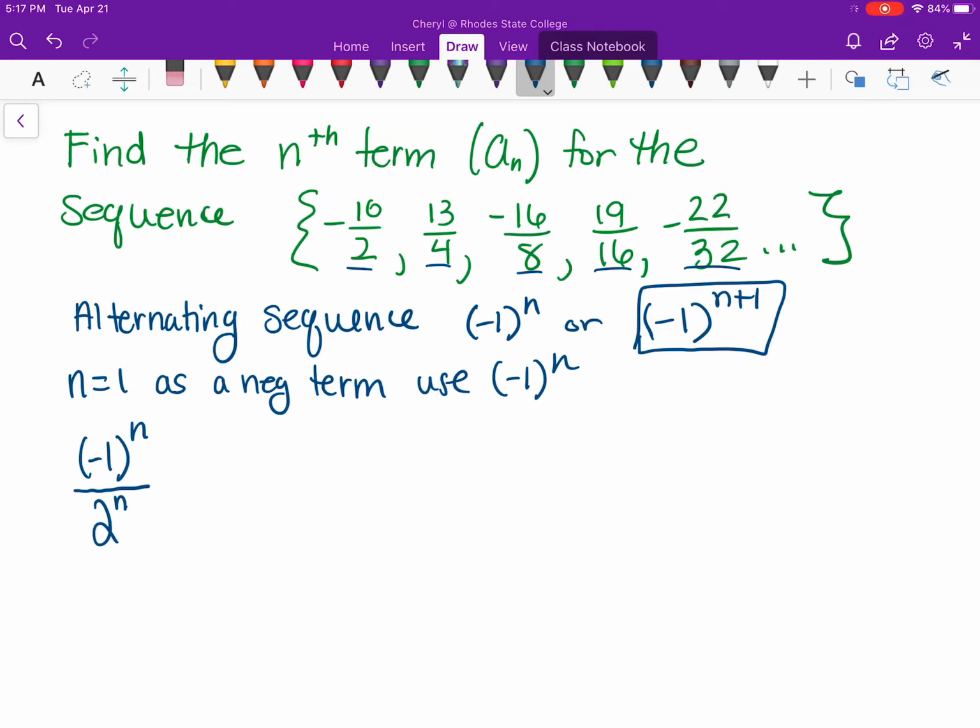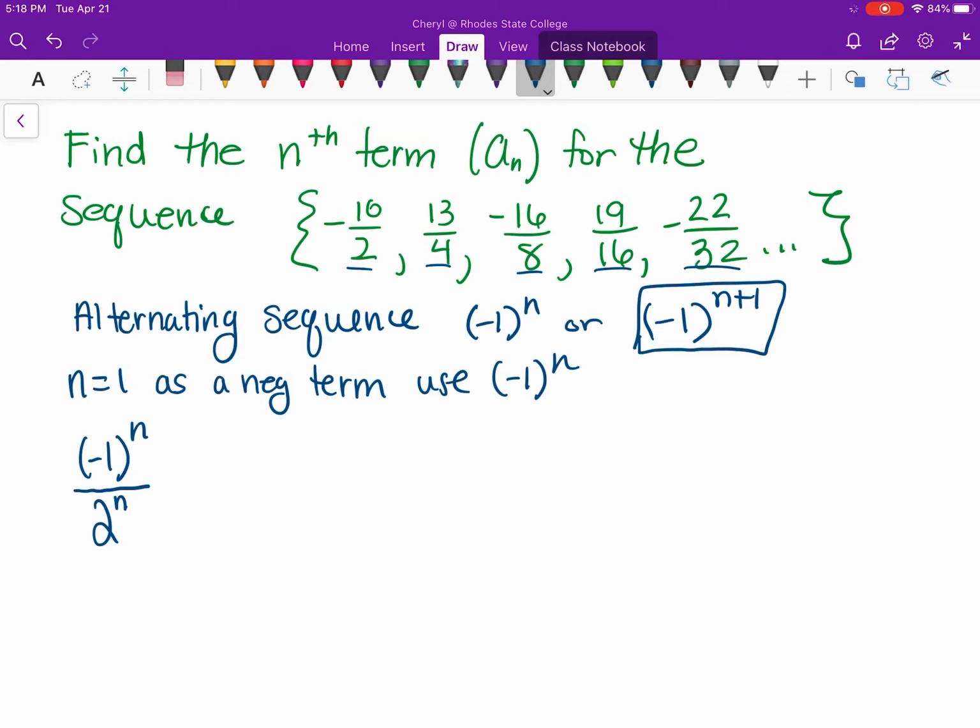Since I'm starting off with the denominator being just 2, I want this to be 2 to the 1 when I plug in 1. So I want to have 2 to the n in the denominator. Then when I plug in for the second term, I get 2 squared, which gives me 4 in the denominator. And when I plug in for the third term, I get 2 to the third, which is 8 in the denominator, etc. Those two are the easy parts.